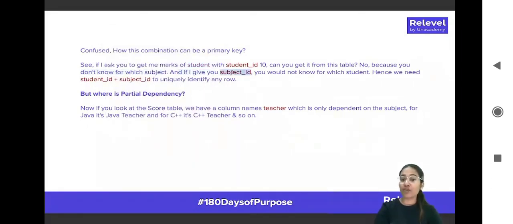And if I just give you the subject ID, you do not know which student we are asking about. Hence, we need subject ID plus student ID to uniquely identify any row. But the question is again, where is the partial dependency?